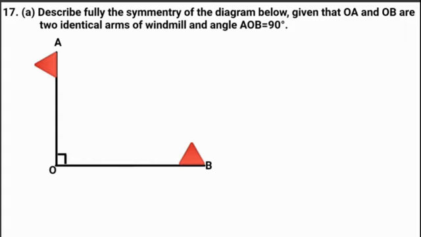Question 17a was as follows: describe fully the symmetry of the diagram below, given that OA and OB are two identical arms of a windmill and angle AOB is equal to 90 degrees.